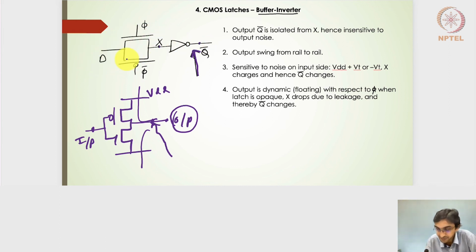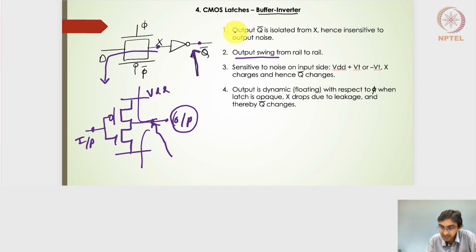And because the transmission gate is there, the output swings from rail to rail, and the output is still dynamic. The reason is, if this is kept for a long duration in the opaque state, there will be a drop in the X node voltage due to the subthreshold leakage current, and it will have an effect on the Q bar output signal.